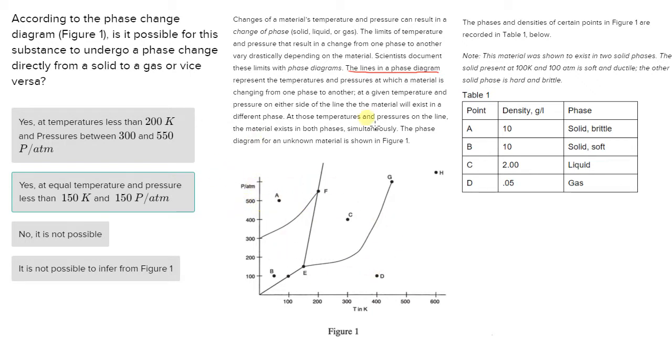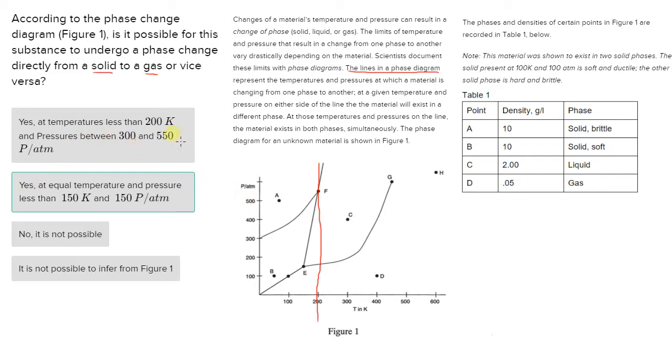And so we're going to let the data tell us whether or not something can go from a solid to a gas or vice versa. Let's start with answer choice A: at temperatures less than 200 Kelvin, so any temperature less than this, and between 350 and 550, which is about there.